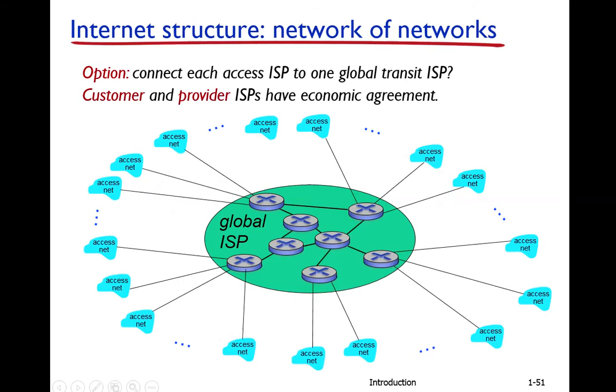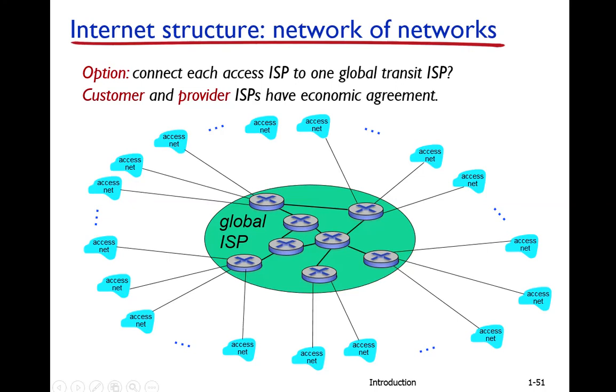Okay, directly connected. So another option could be that we have a global ISP, and that global ISP basically connects these access ISPs or access networks, and this global ISP should be in control of one person. It is also impossible. Why? Because there is no one person or one organization that can provide internet connectivity worldwide.